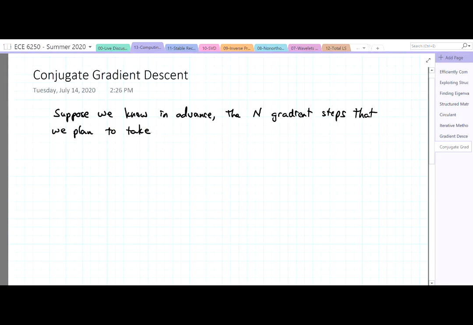Okay, and we'll call these vectors d0 through dn minus 1.